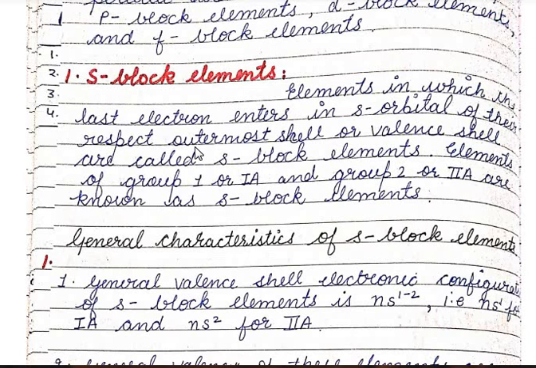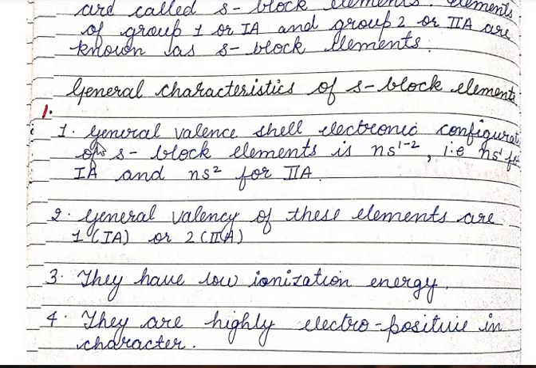General characteristics of S-block elements. Number one, the general valence shell electronic configuration of S-block elements is ns1 to 2. That means ns1 for first A elements and ns2 for second A elements.